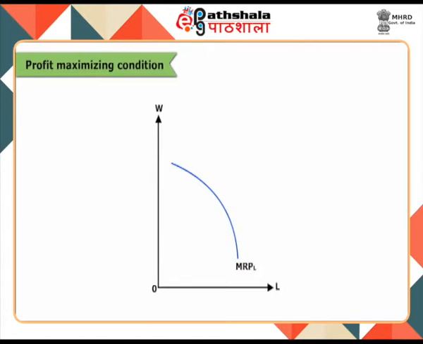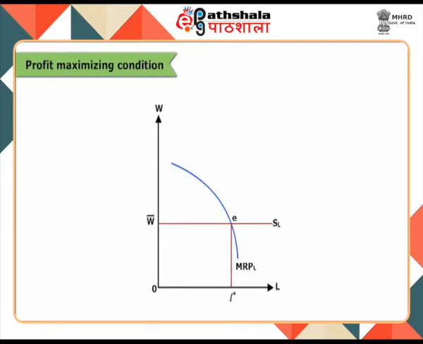Since we assume that the labor market is perfectly competitive, the supply of labor to the individual firm is perfectly elastic, that is, the supply curve of labor SL faced by the firm is parallel to the horizontal axis.